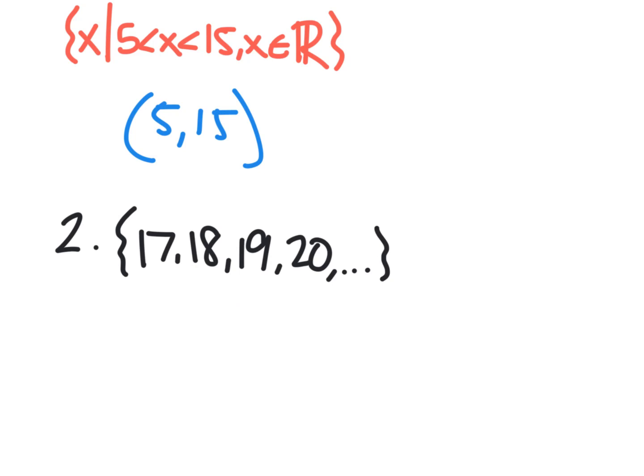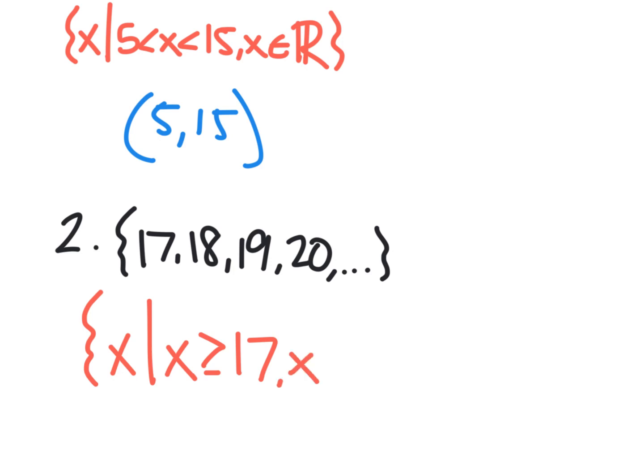So here we would say it's the set of x such that x is greater than or equal to 17, and x is not an element of the reals, but just an element of the natural numbers, because we're not counting all the numbers in between. Interval notation we can't use here, because interval notation captures all of the numbers in the reals. It would include 17.1, 17.2. So we can't use that. This is the only thing that we can do here.